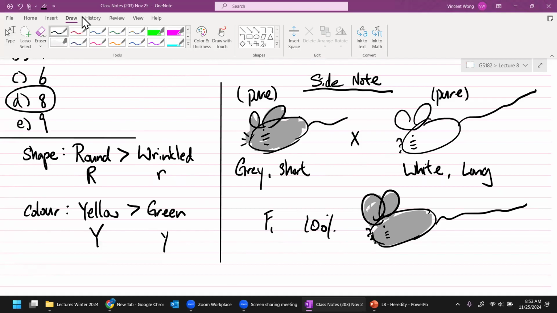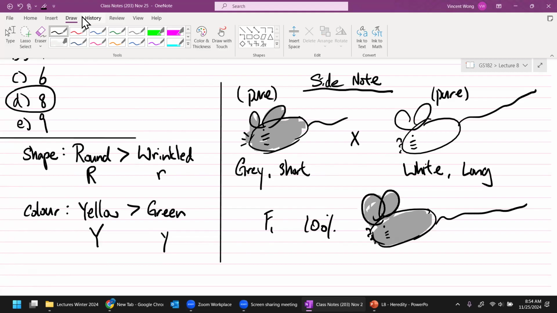Based on this information, what's dominant? Is gray dominant or white dominant? Good. Is long dominant or short dominant? Long, right? You understand? Sometimes in a question, I will not tell you explicitly what's dominant and what's recessive.